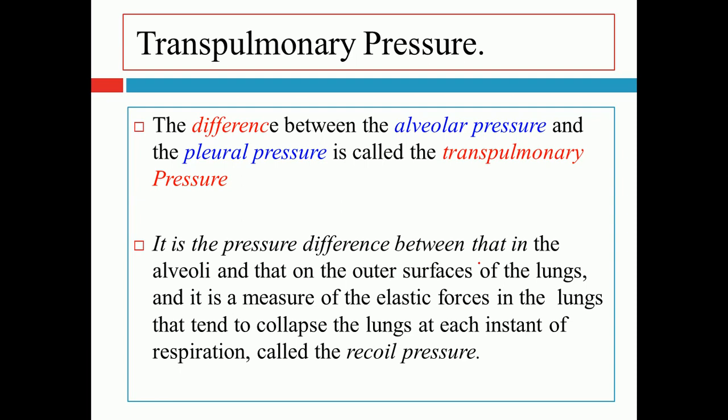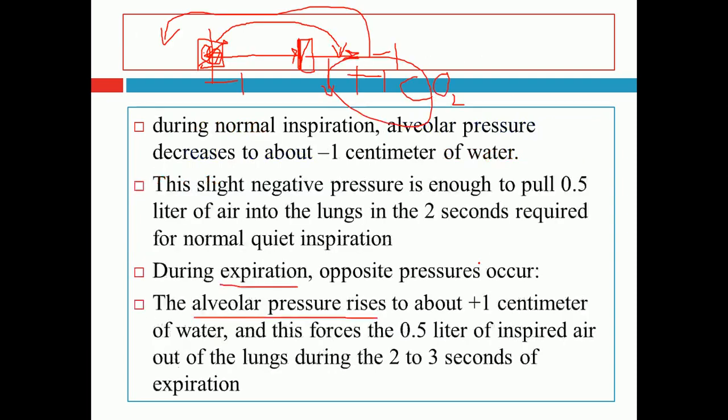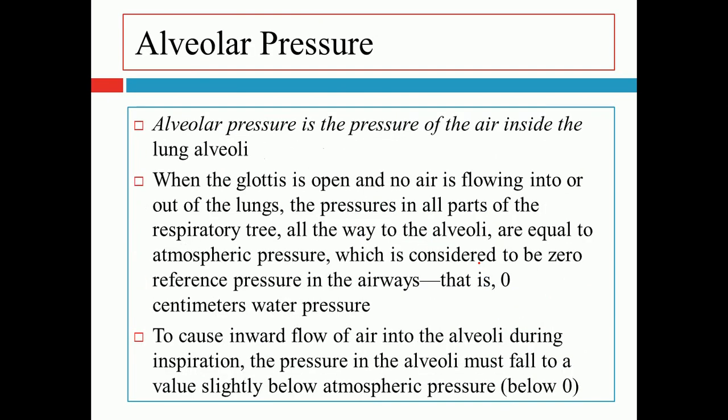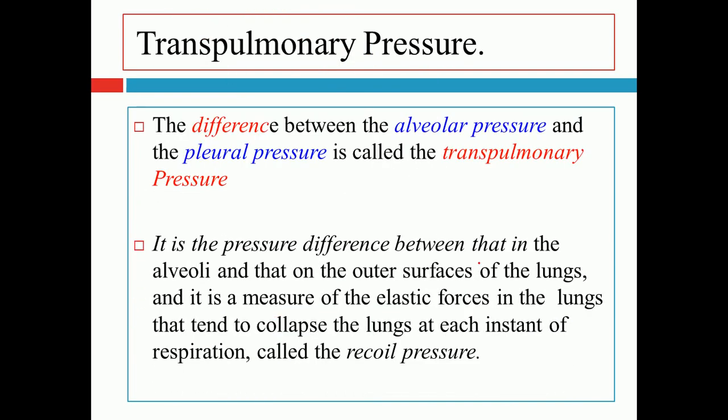The next one is the transpulmonary pressure. What is transpulmonary pressure? Just remember these two pressures, intrapleural and alveolar pressure. The difference between these two pressures is called transpulmonary pressure, and that ultimately decides whether the lungs will collapse or whether the lungs will be open.